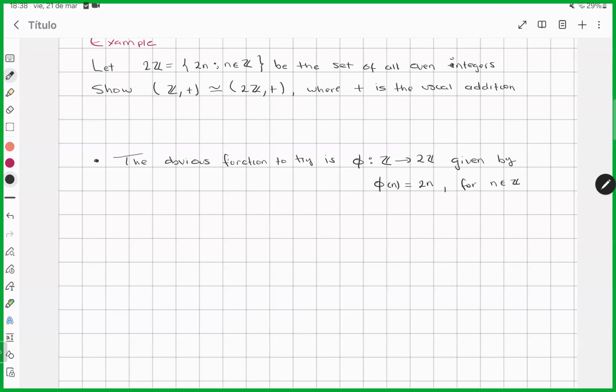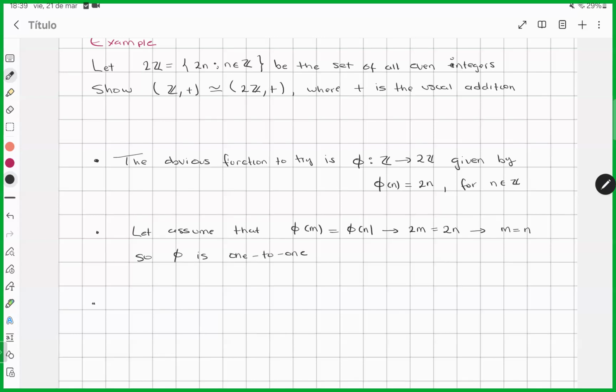And step 2, we should show that this is injective. Okay, let's assume that phi of m is equal to phi of n. Then by definition, this is equal to the following. 2m is equal to 2n. Then this implies that m is equal to n. So phi is one-to-one.